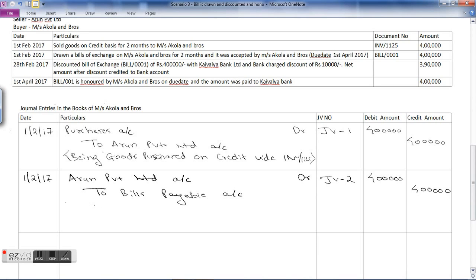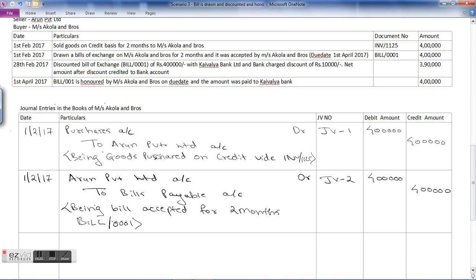So being bill accepted for 2 months. And the bill number is bill slash 0001. Now the next transaction, that is 28 Feb 2017.